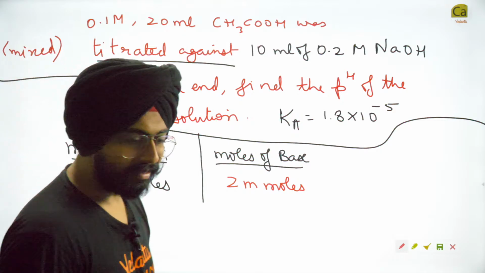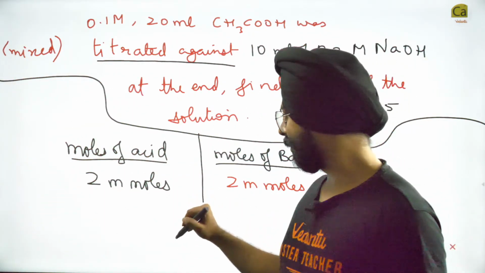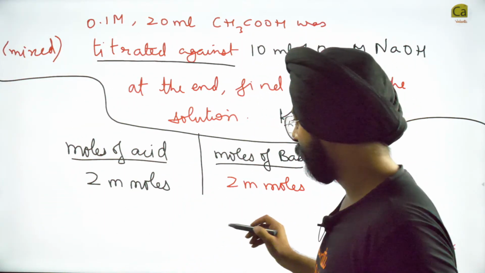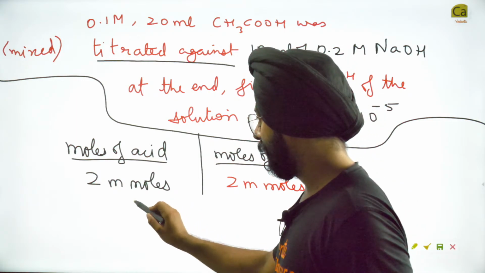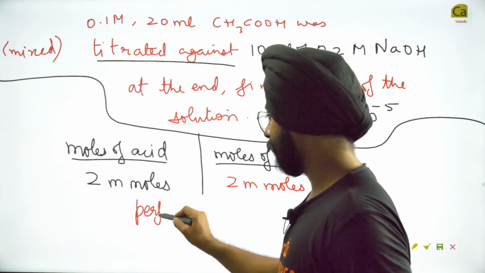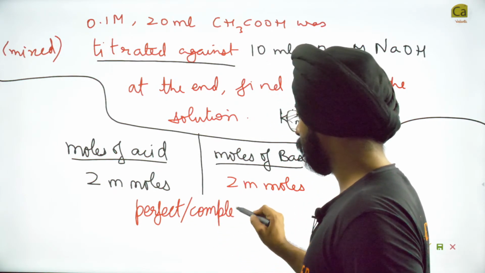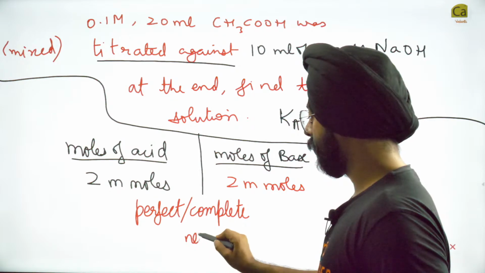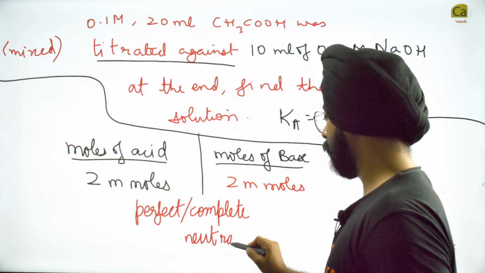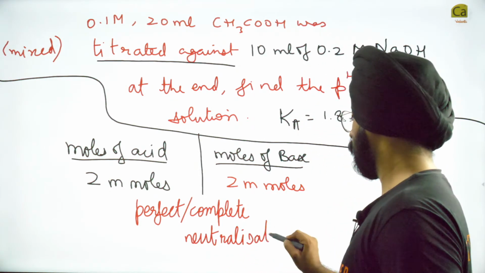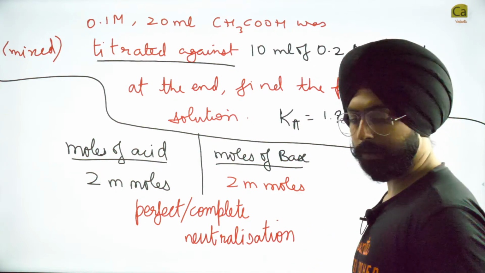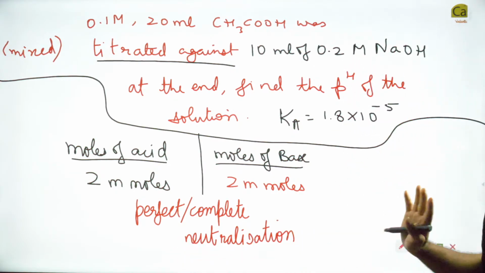Do you realize this is a very perfect situation? Shall I write over here? You will have perfect, or I should say complete neutralization. There will be perfect neutralization over here.